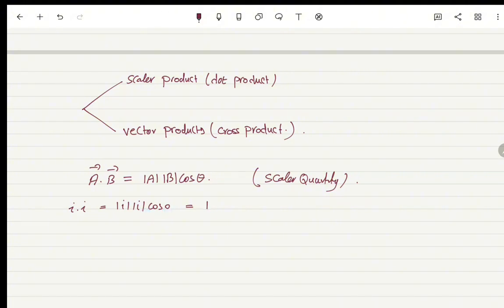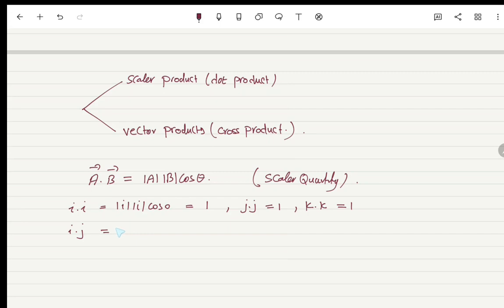So i dot i equal to 1. Same thing, j dot j, because both vectors are in the same direction, so the angle between them is 0. So j dot j is equal to 1. k dot k, again, is equal to 1. But i dot j equal to, now the magnitude of i is 1.